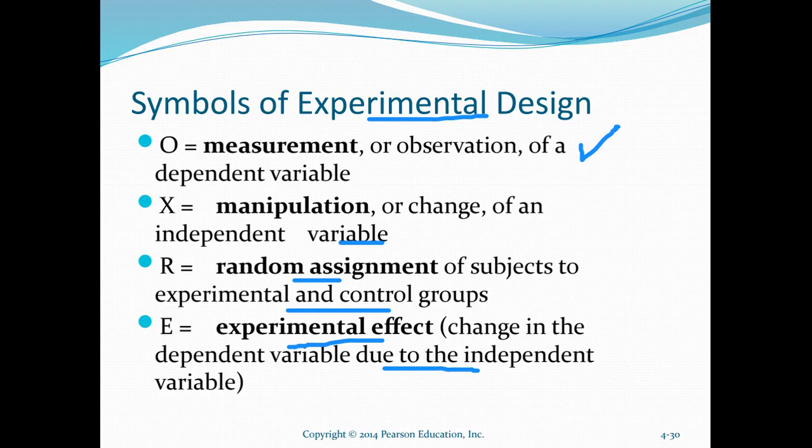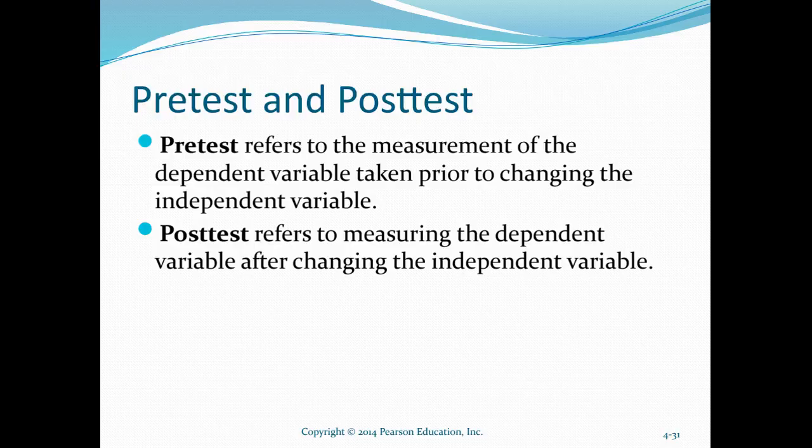Okay, so we can do a pre-test or a post-test. A pre-test refers to the measurement of the dependent variable taken prior to changing the independent variable. Why is this important? Because this will tell us how much effect has happened after the experiment that we conducted.